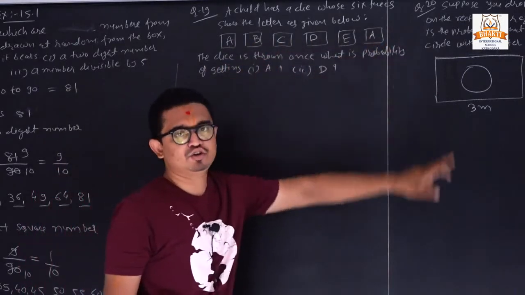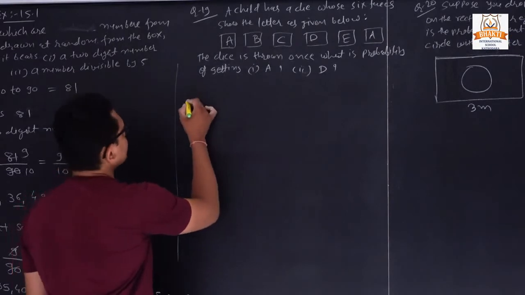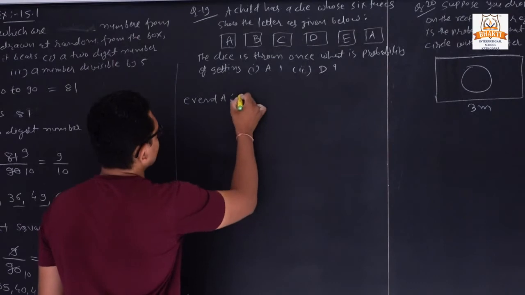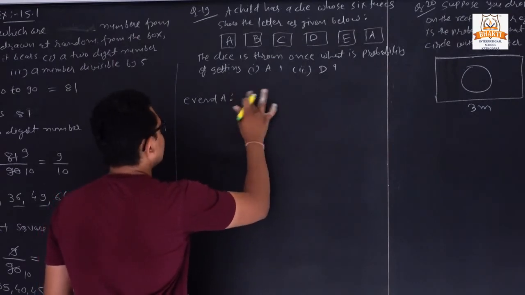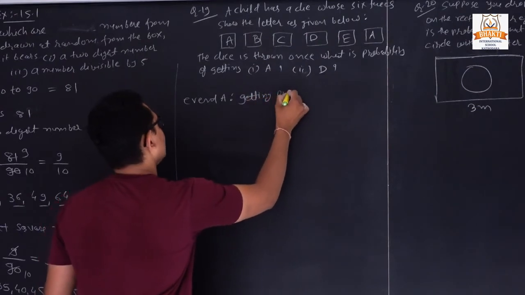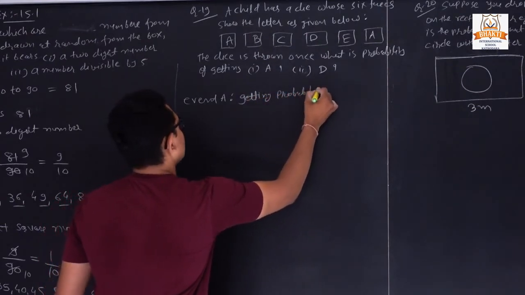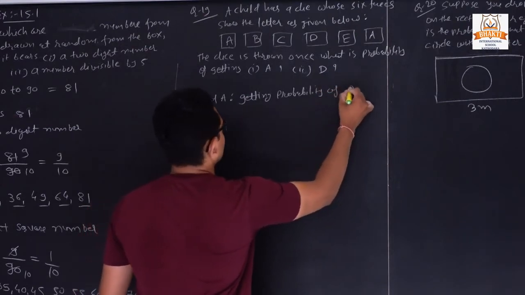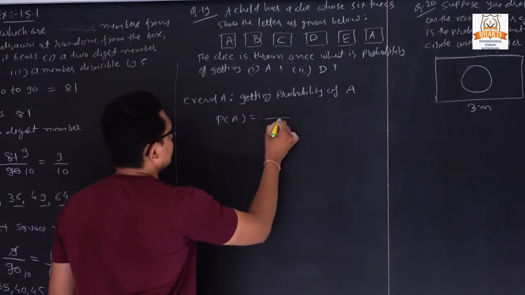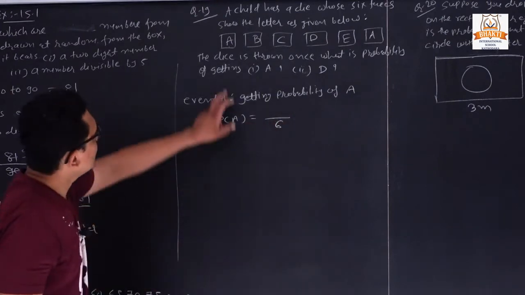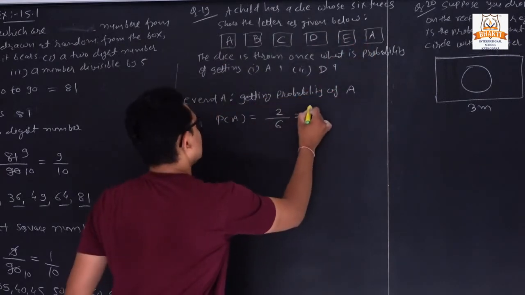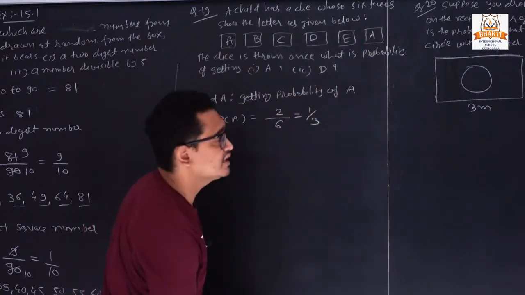So first of all, event A, getting A. So P of A is equal to, we have a total of 6 faces. Out of 6 faces, how many times do we have A? 2. So the answer is 1 by 3.